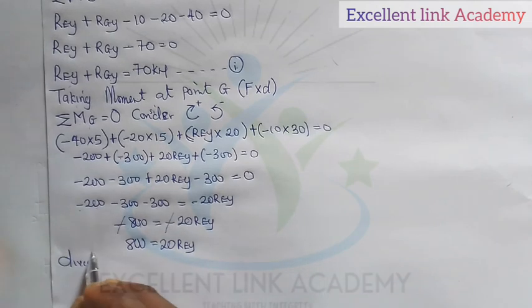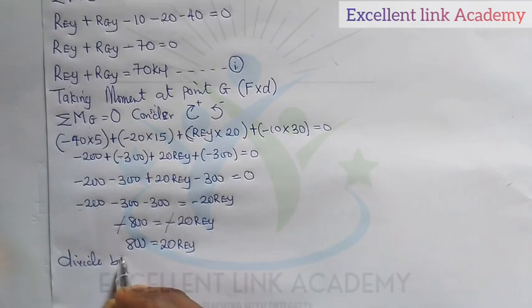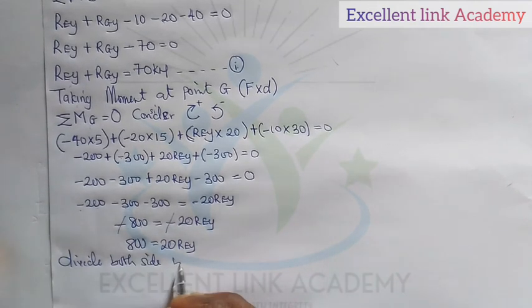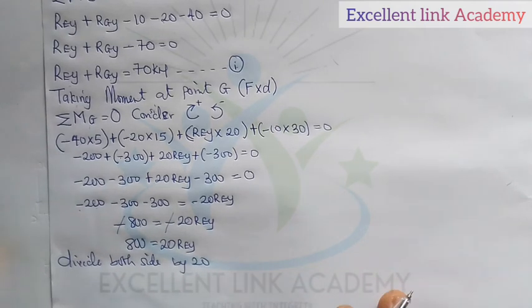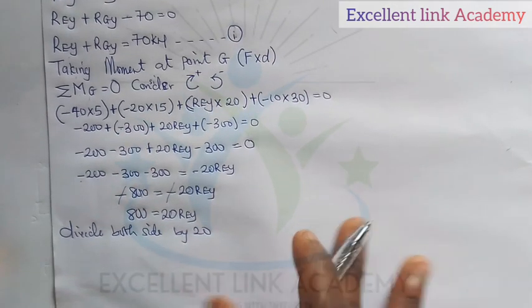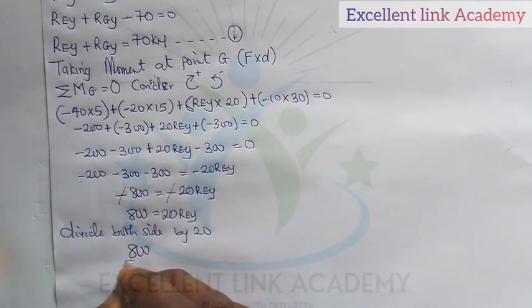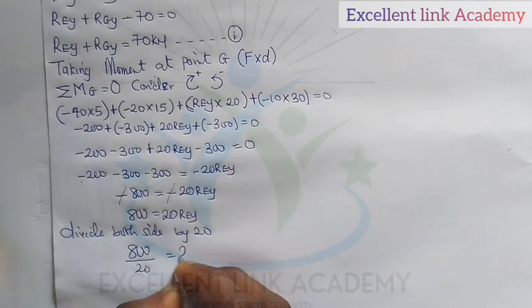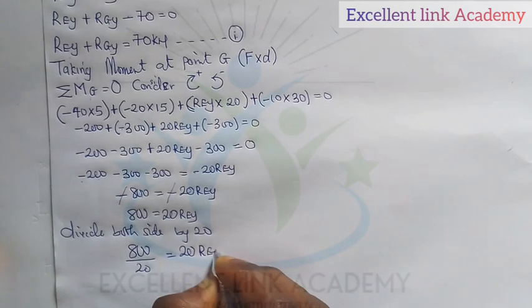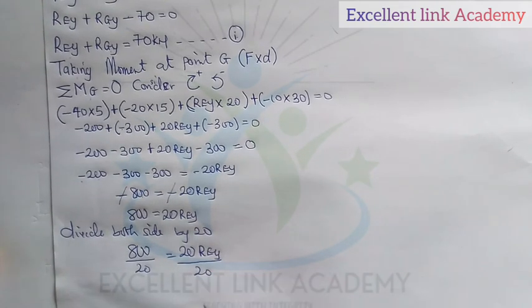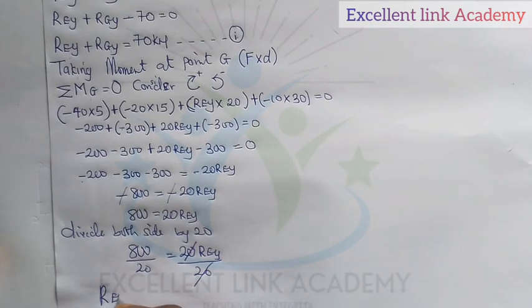Divide both sides by 20, right? Hence, I'll be having 800 divided by 20 is equal to 20 REY divided by 20. This cancels out this. My REY mathematically will become 800 divided by 20.